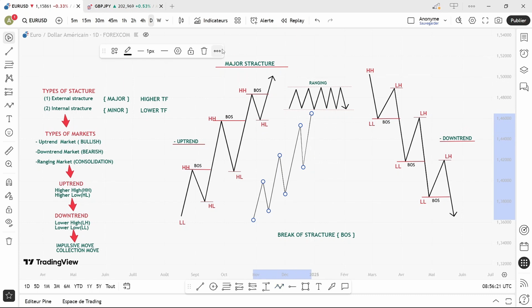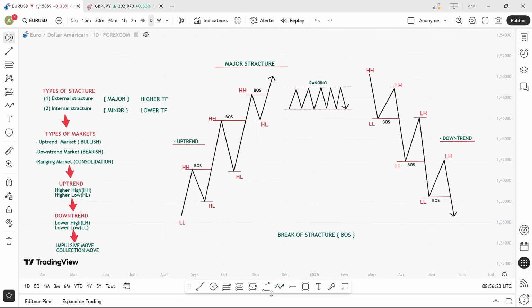In the same scenario with the downtrend, this is called an impulsive move, and this a correctional move. Again, don't trade the correctional move if you're still a beginner, because it is very risky and unpredictable. Always wait for the correction to happen, then you enter on an impulsive move.